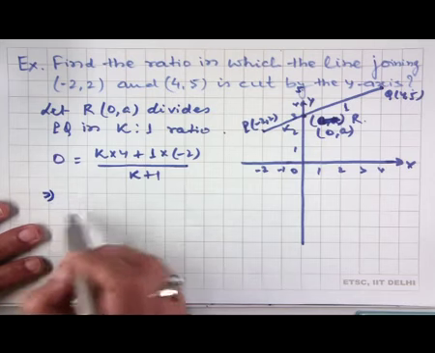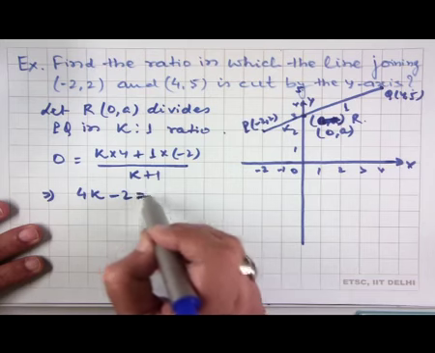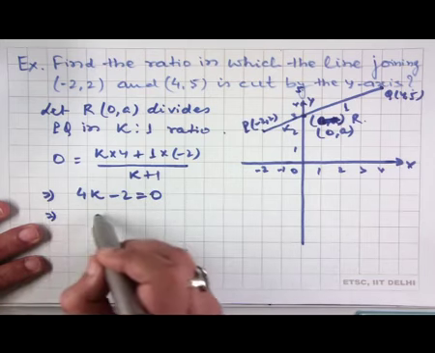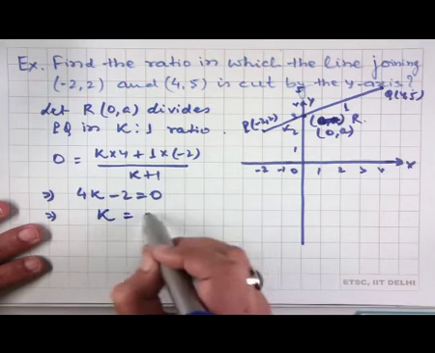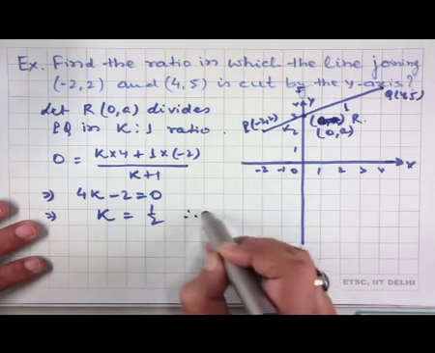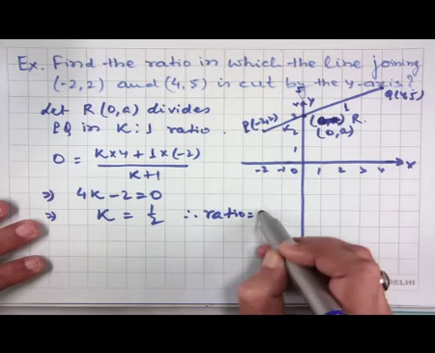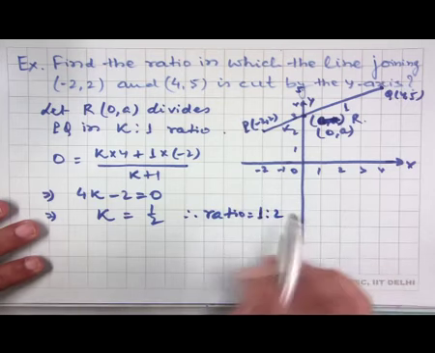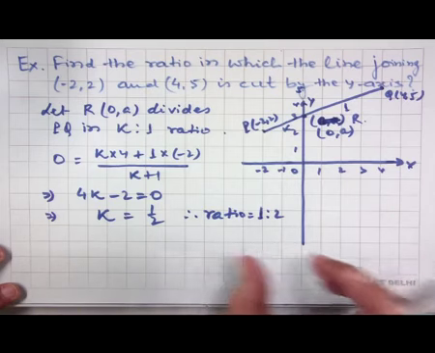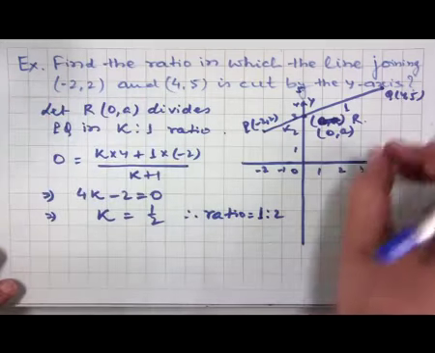This implies 4k minus 2 equal to 0. This implies k is equal to 1 by 2. So the ratio is 1 is to 2.